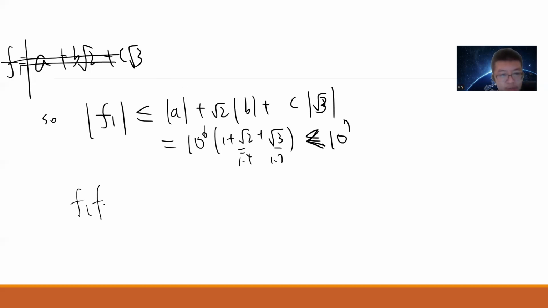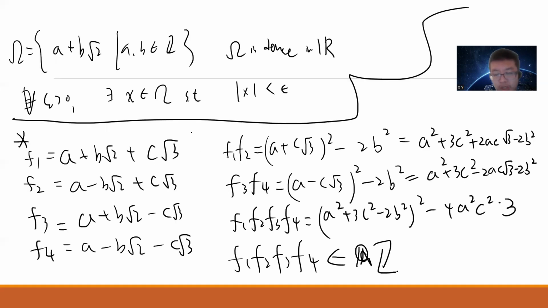An easy proof that each of them is bounded by 10 to the 7. So f1, f2, f3, f4 is bounded by 10 to the 28.